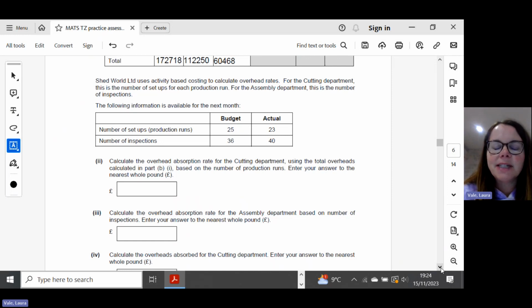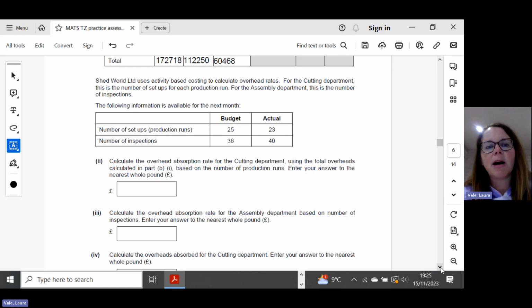Shed World Limited uses activity-based costing to calculate overhead rates. Remember, activity-based costing is similar to absorption costing, but it absorbs the overheads in a more accurate and precise way. It looks at what drives those costs. It puts all those costs into pools, and then it apportions them in a fairer way rather than just using labour hours or machine hours.